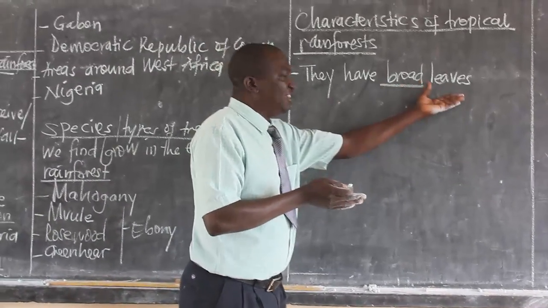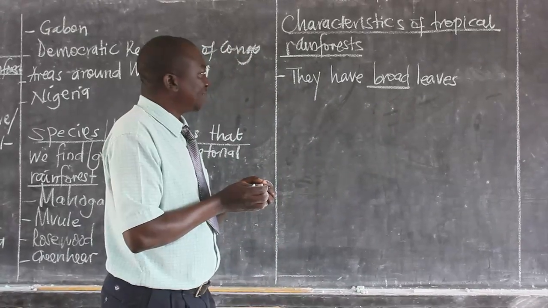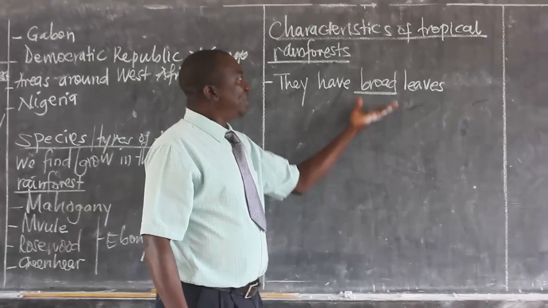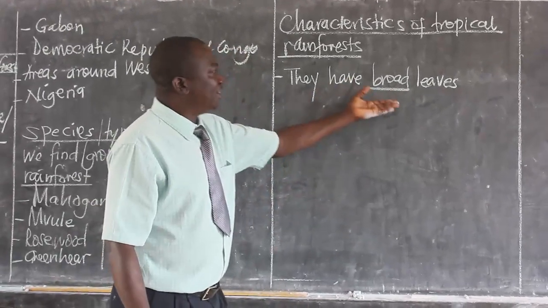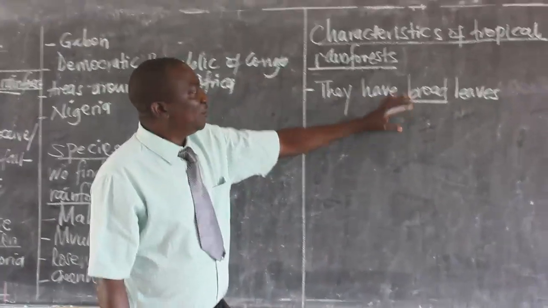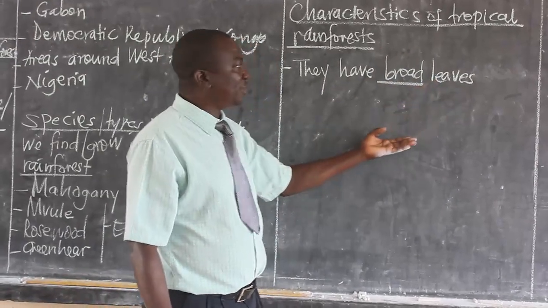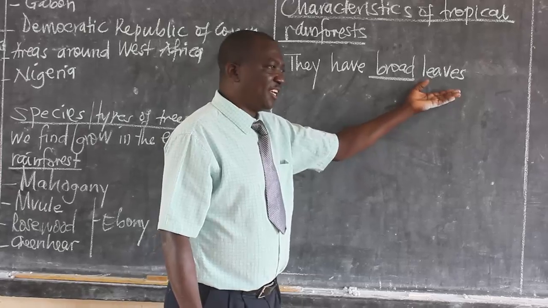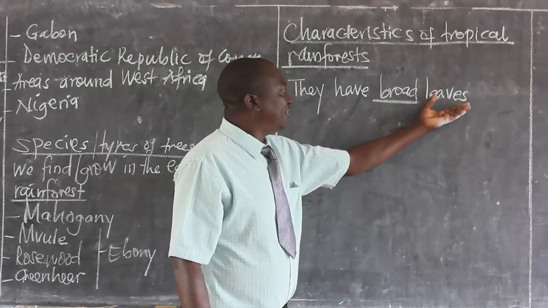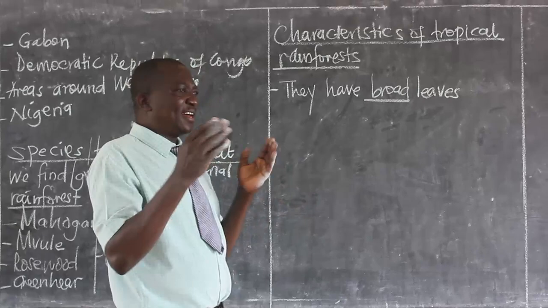So when we say broad leaves, there are some other plants or trees that have got small leaves. And there is a reason for this. When we talk about having broad leaves, different from other types of vegetation we shall see, why are they broad? These ones here are helping in what we term as high transpiration. So they have a high transpiration rate. That's why they are broad, they are large. So you find others are small.